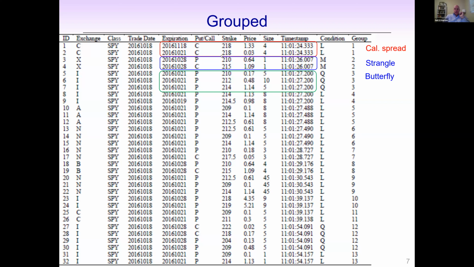Of course, it's an estimate of the trade direction, not the true trade direction, but that's what we do. Other questions?